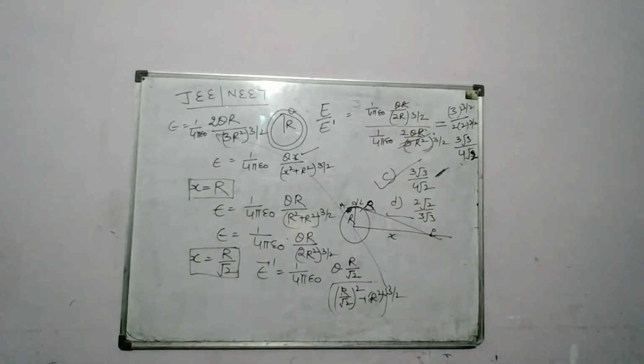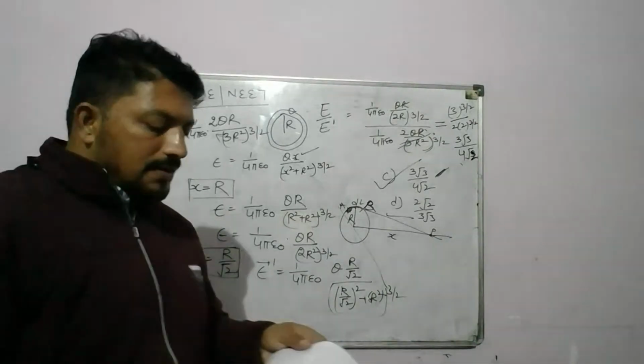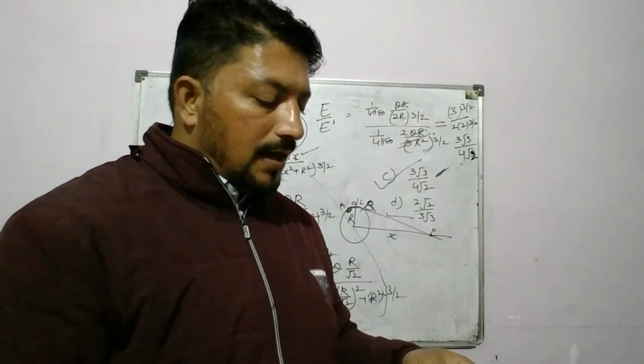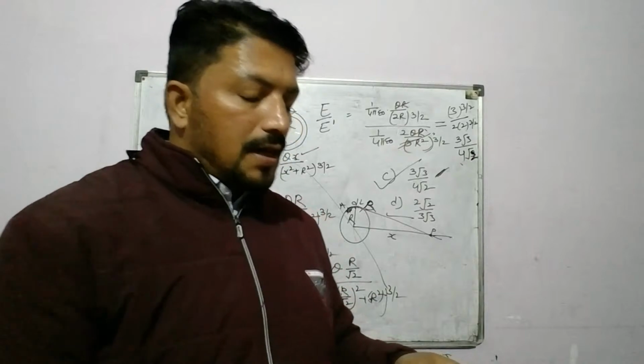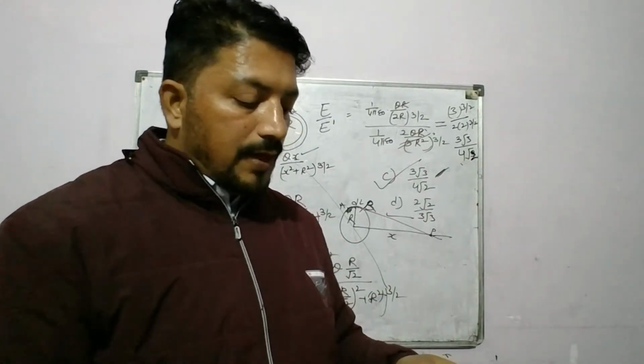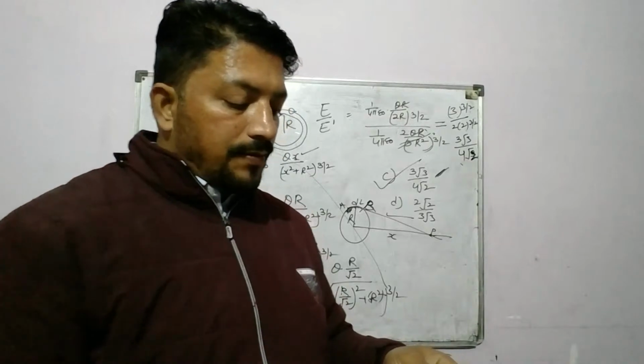So move on the question number 4. Question number 4 is an infinite long straight thin wire has uniform linear charge density of 1 by 3 coulomb per meter.